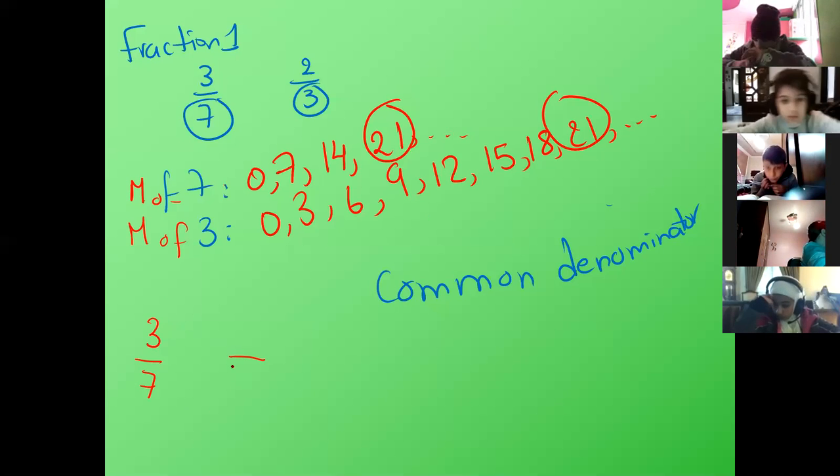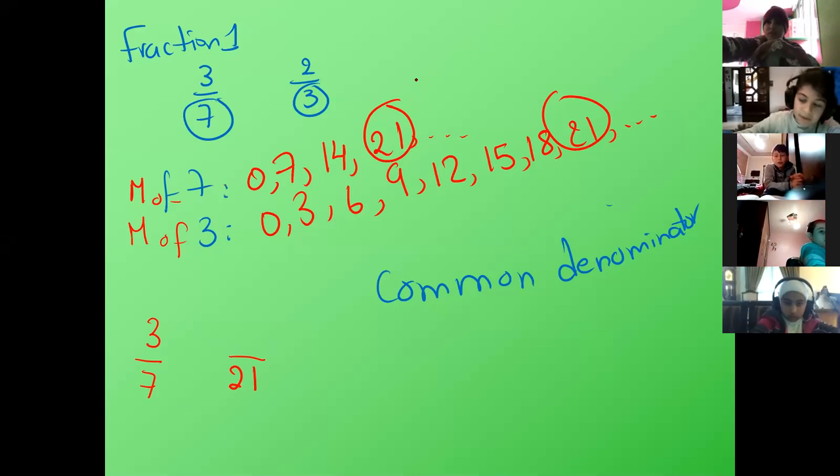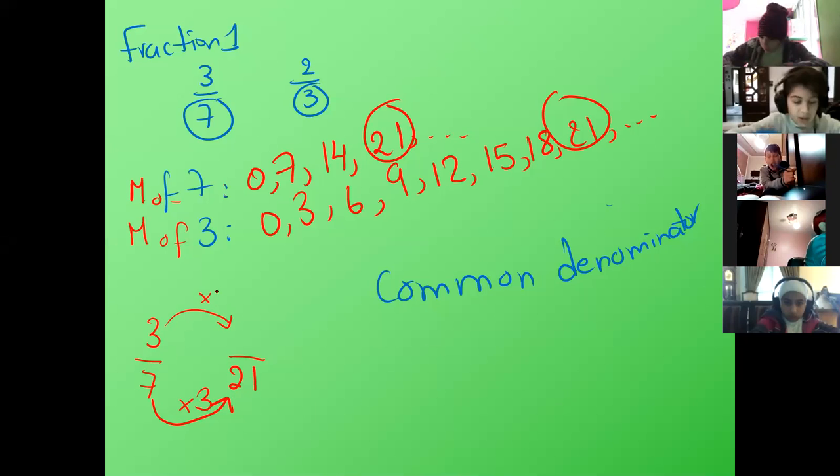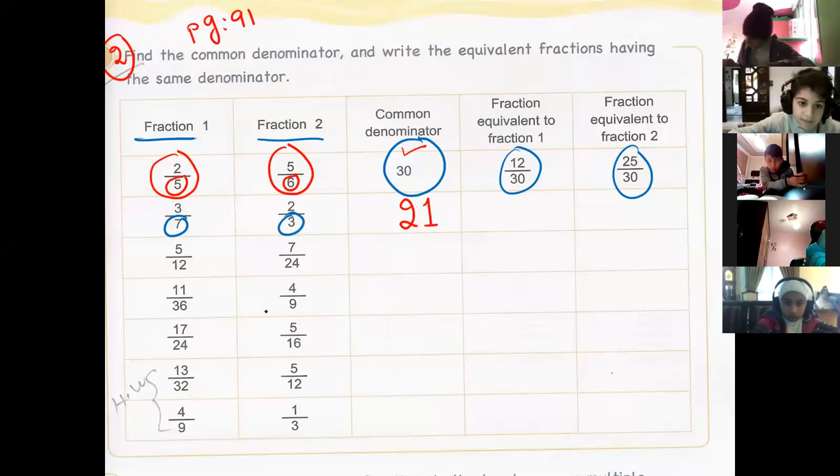So I will write over 21. Then what shall I do? 7 times which number gives 21? 3. So multiply up by 3. 3 times 3 is 9. So the fraction is 9 over 21. Let's write 9 over 21.